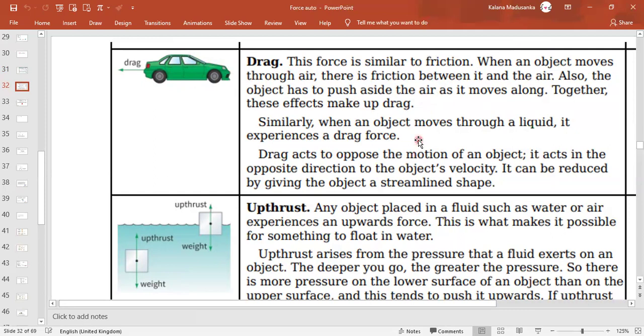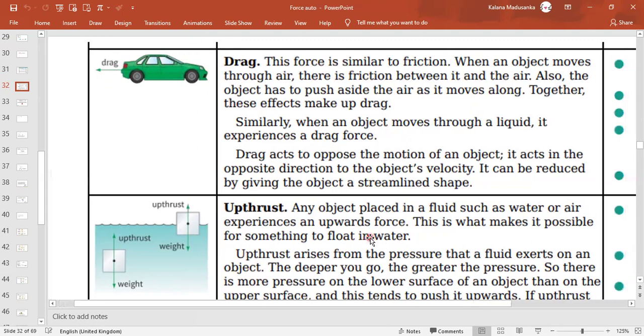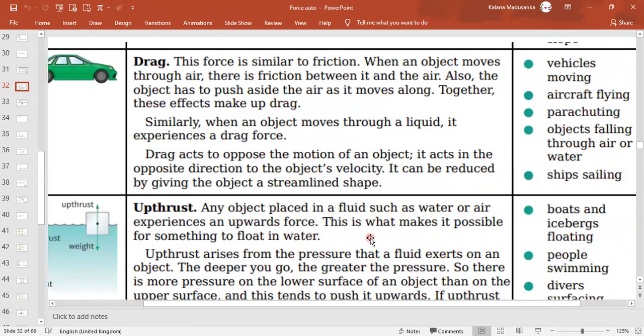When an object moves through a liquid, it also experiences a drag force, right? And you can see the car is moving this way, and the air movement is dragging the car on this side, right? Similar examples are aircraft flying, parachuting, objects falling through air or water, and ships sailing.